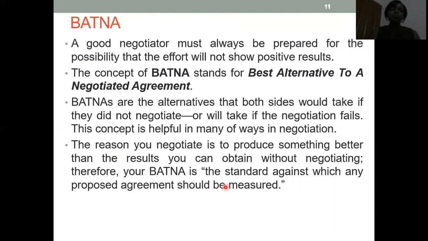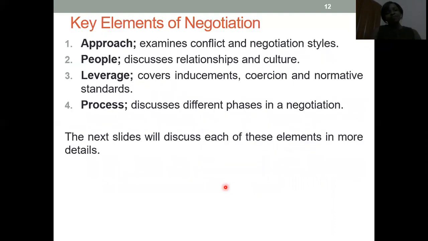So a good negotiator must be able to show their BATNA. Have they done well or did they not perform? That's what BATNA means. Now, in the course of the coming classes, we shall be looking at key elements of negotiation, one by one per class.